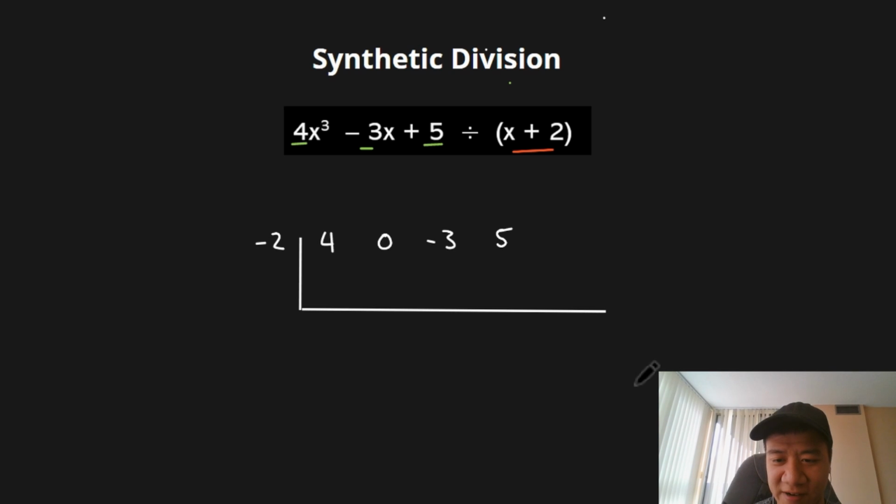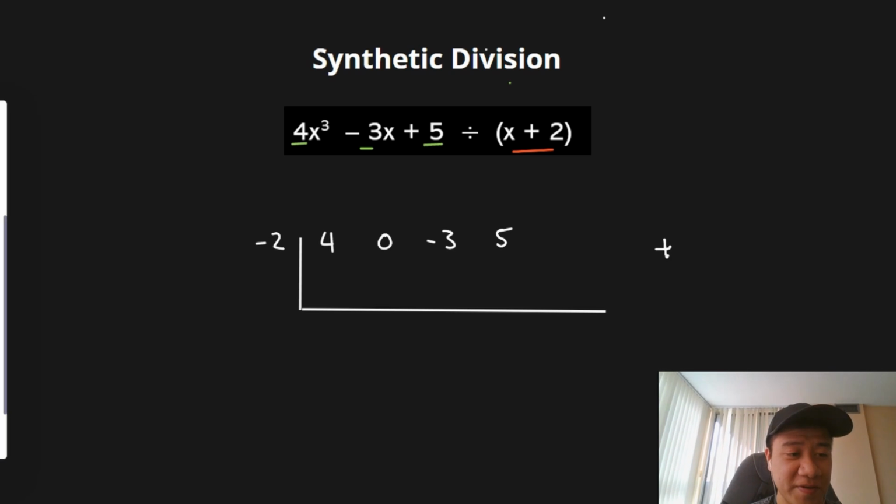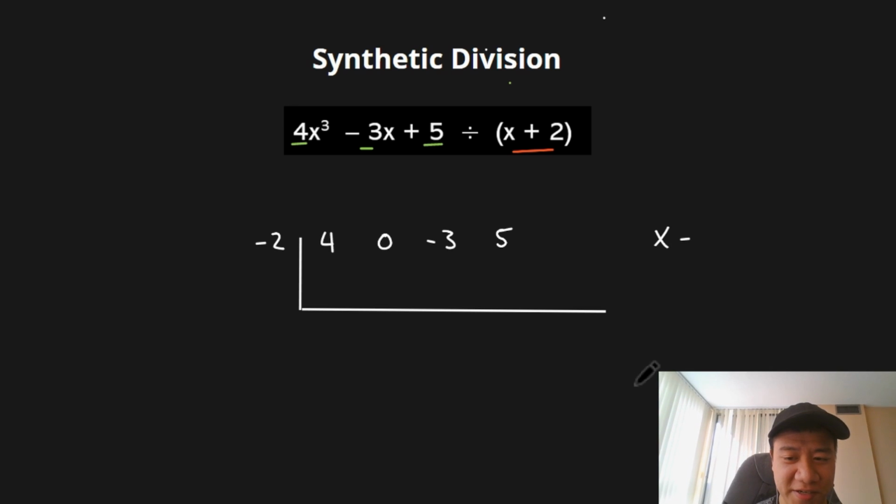Then everything repeats itself. We keep alternating between multiplication and addition. Let's bring this down. 4 times -2 gets us -8.